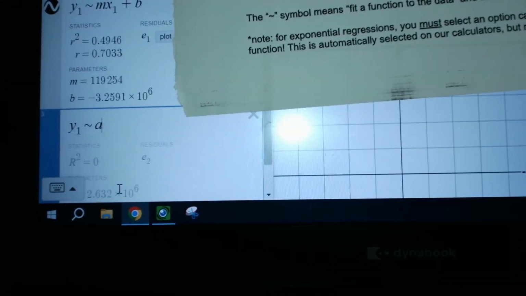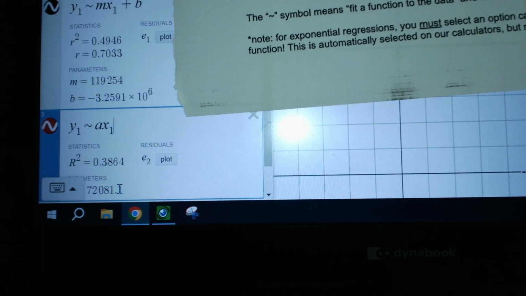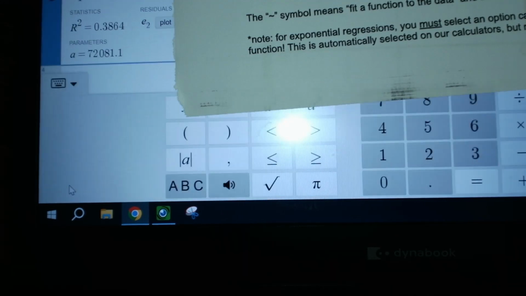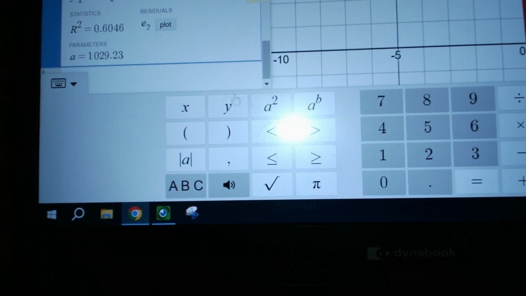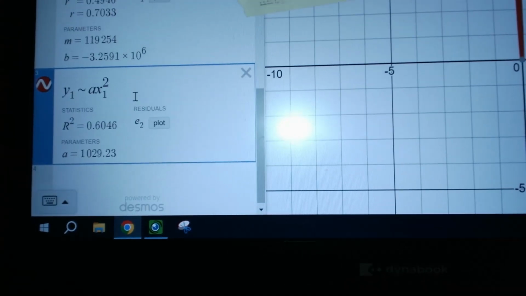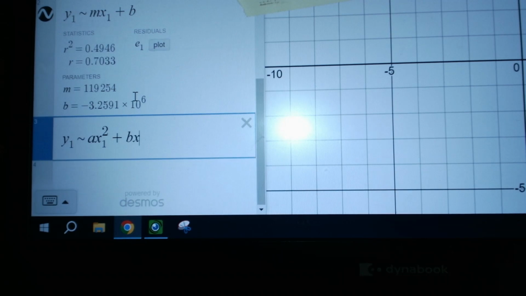So ax1. To get the exponent of 2, press that little keypad and select this a squared option, and it'll automatically put in a little exponent 2 for you. Plus bx1 plus c.